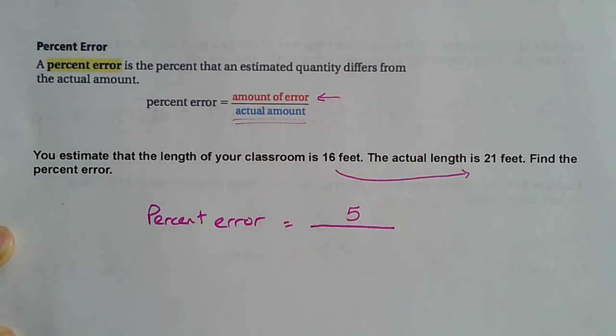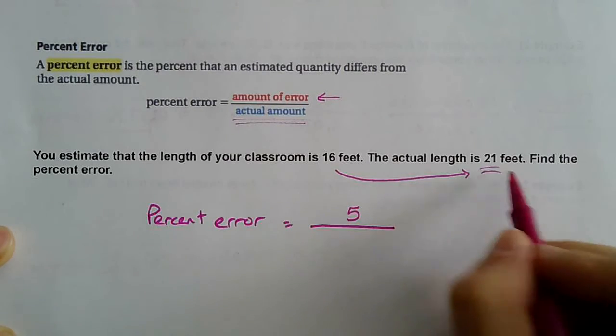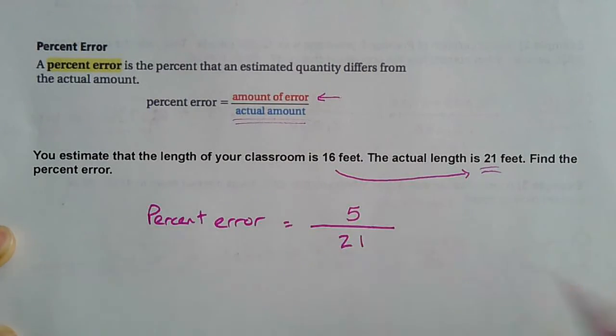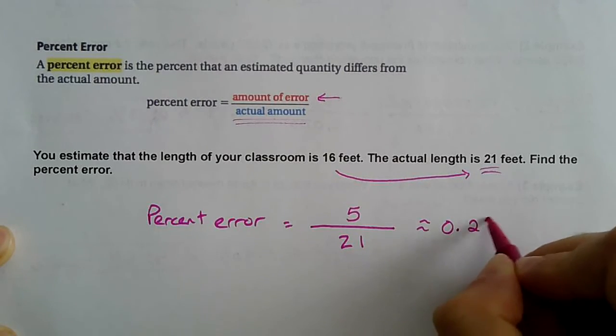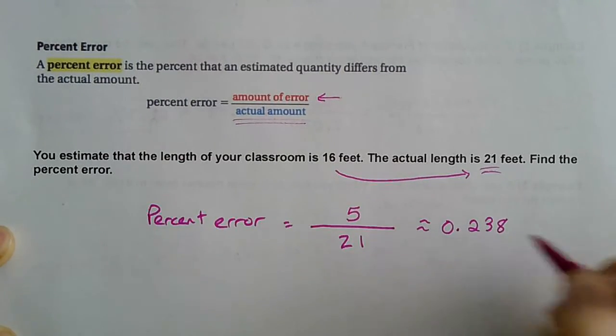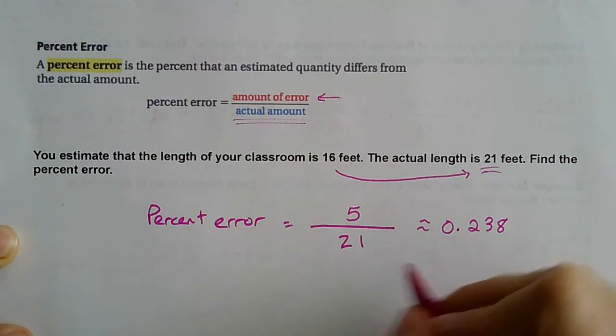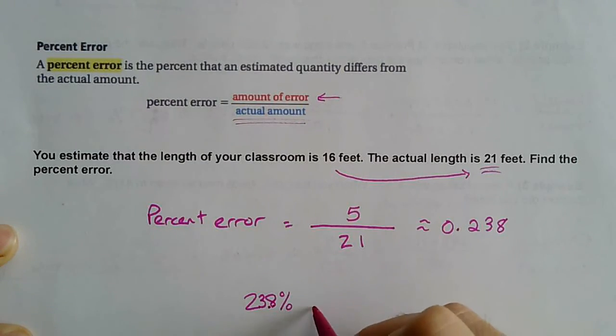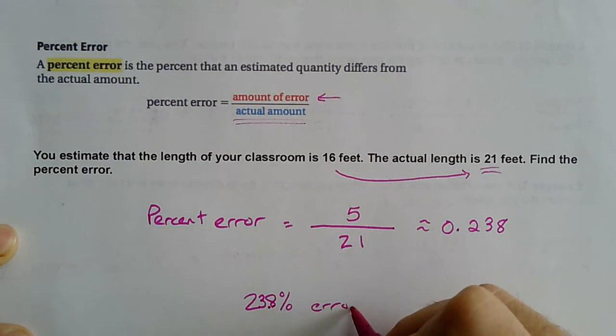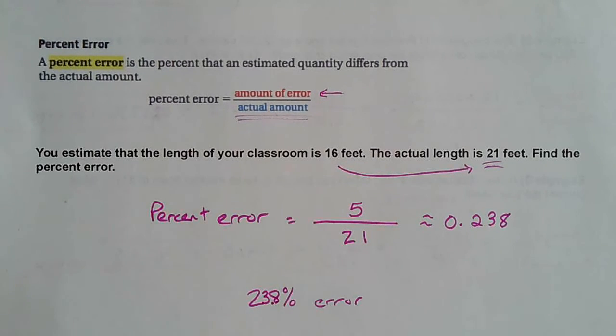Now, the actual amount, 21. So we're going to divide that by 21, giving us approximately 0.238. So we would say our percentage of error is 23.8% error. So that's like how off we were.